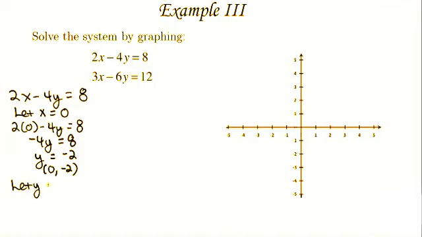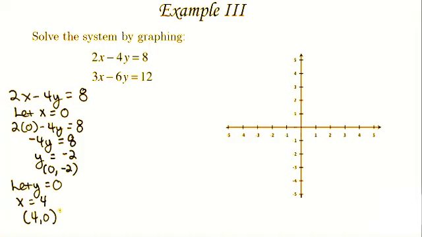If I let y equal 0, and then I go ahead and insert 0 in there, it'll be 2x minus 4 times 0 equals 8. I'm going to work that out and find that x equals 4. So my x-intercept is at 4, 0.